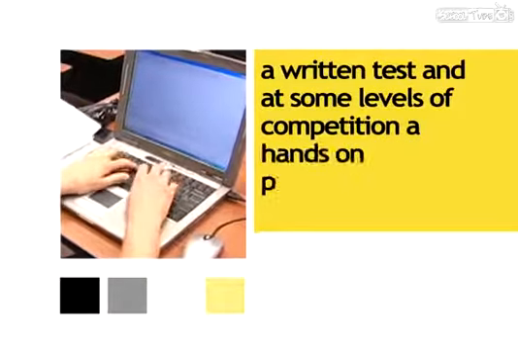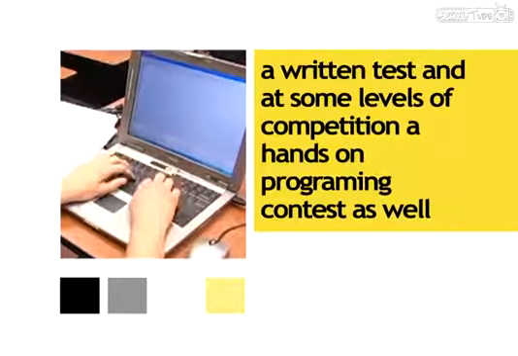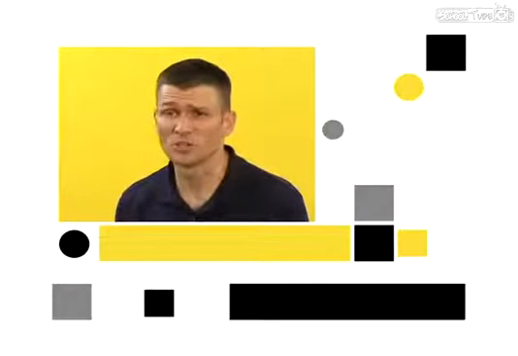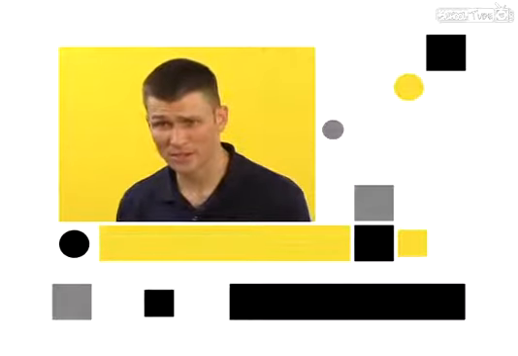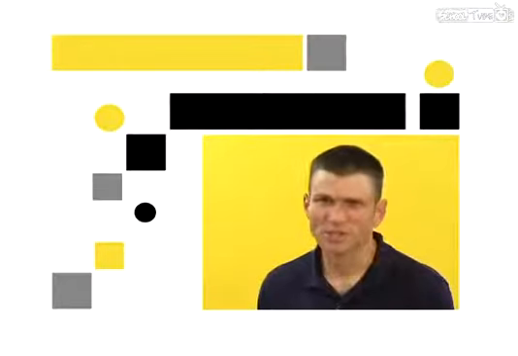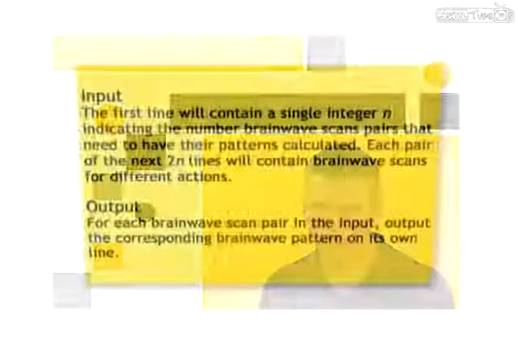The computer science contest consists of a written test and, at some levels of competition, a hands-on programming contest as well. The written test is used to determine individual results, and the written and hands-on contest together are used to determine team results. The UIL Computer Science written test is composed of 40 multiple choice questions.